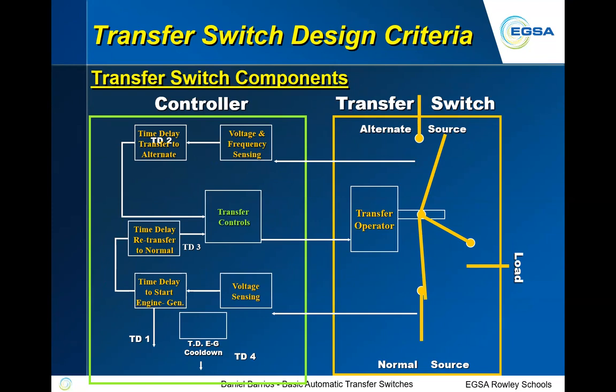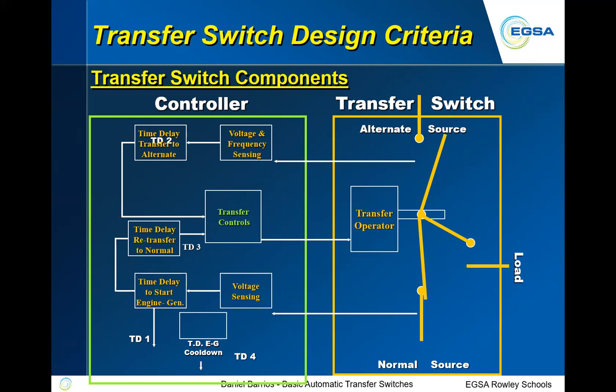So you look at the controller on the left side, and that's what I'm pointing out. The time delay to transfer to the alternative, the time delay to start the engine generator, typically is set at 1 second. You don't want to set it at 0, because then every little blip would start your generator. Typically, you have it at 1 second, even under an emergency situation where you must be re-energized in 10 seconds.